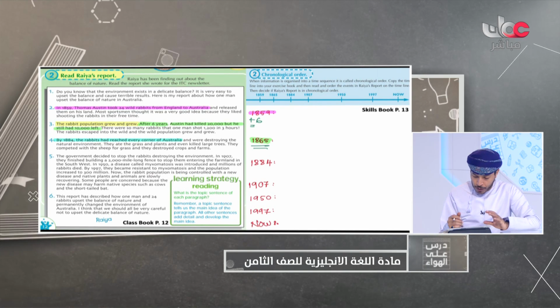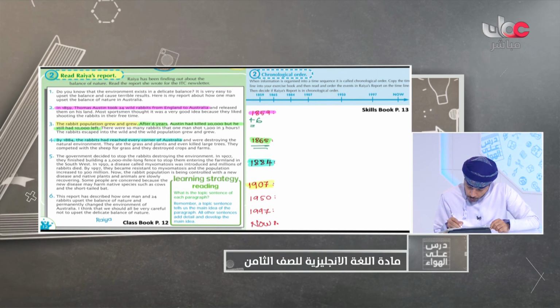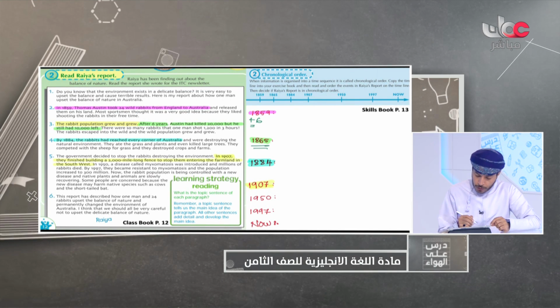So this is what happened in 1884. Good, guys. And again in yellow we have 1907. What happened in 1907? They finished building a 2,000-mile-long fence to stop them entering the farmland in the southwest. So this is what happened in 1907.